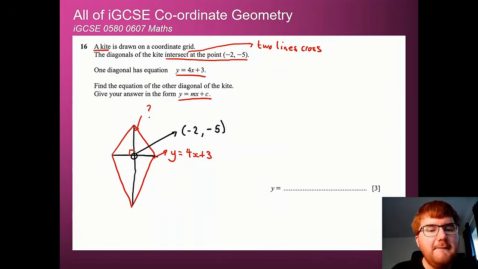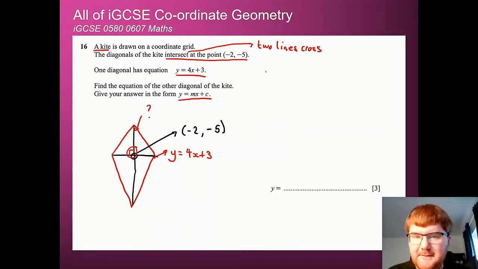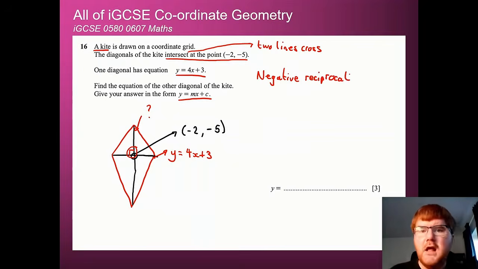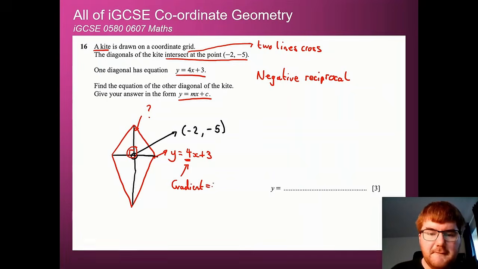Well, if we have two lines that intersect at a right angle, you need to be thinking immediately this phrase here, a negative reciprocal. This is something we're going to be using a lot in this particular video. So what do I mean by this? Well, if we take this line, the gradient of this line, the steepness of it, is equal to 4.